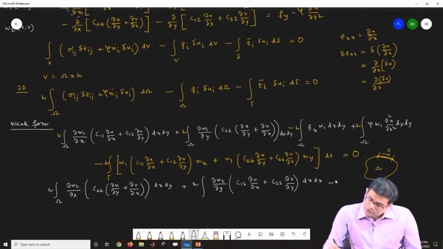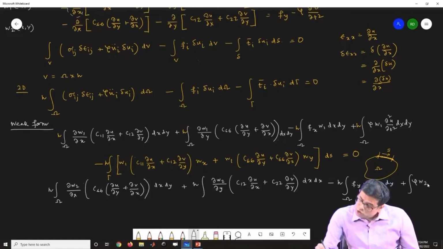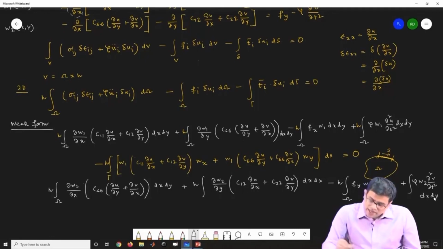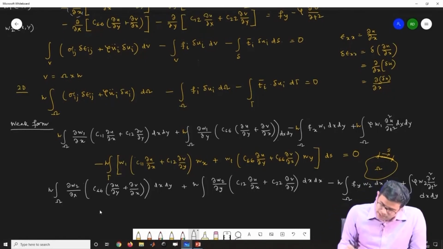Similarly we will have the fy term, also over omega, that is w2 dx dy, plus the integral of rho omega 2 del 2 v by del t square dx dy, and then the boundary term again.